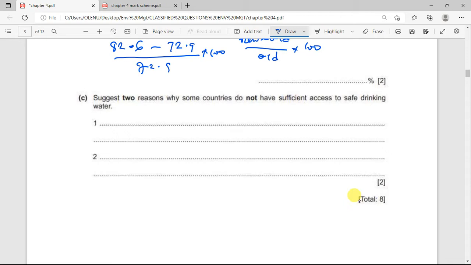Now, state two reasons why some countries do not have sufficient access to safe drinking water. Now, this can be because of economic reasons.